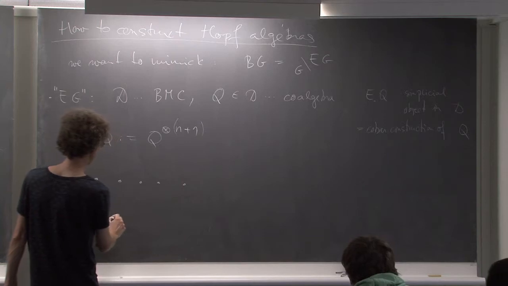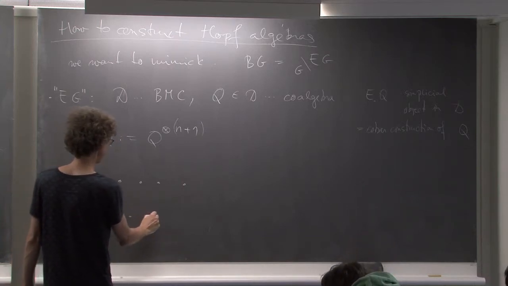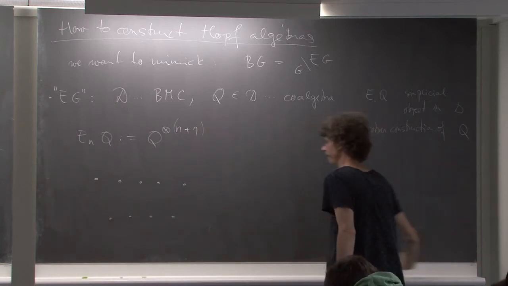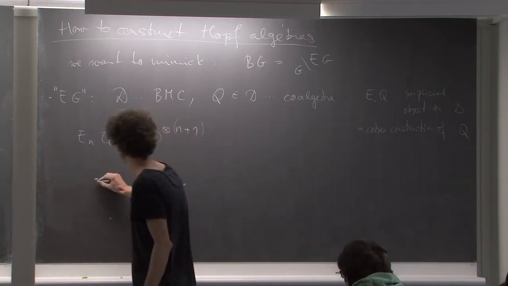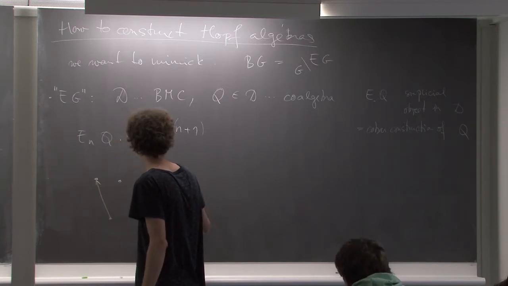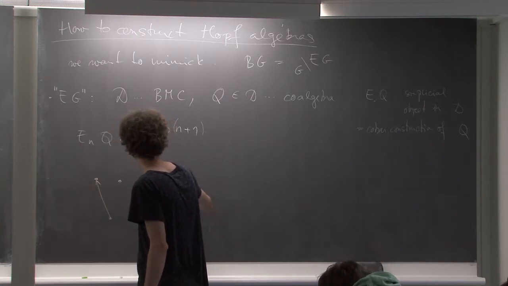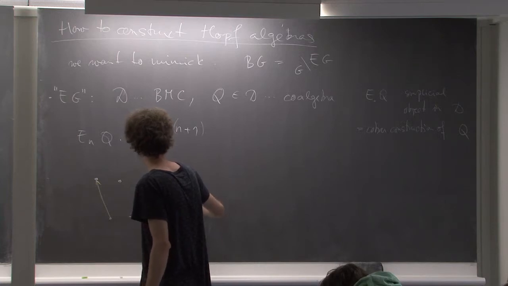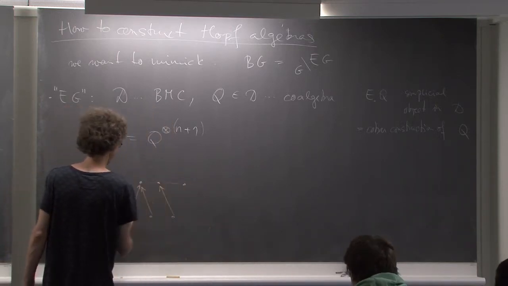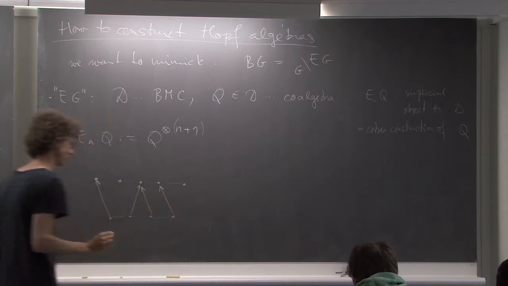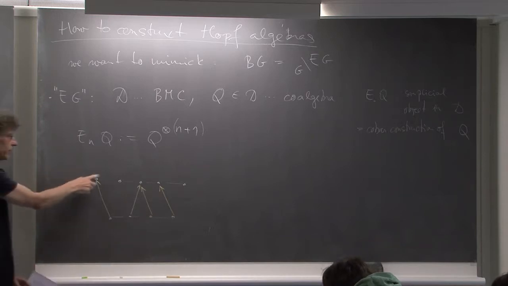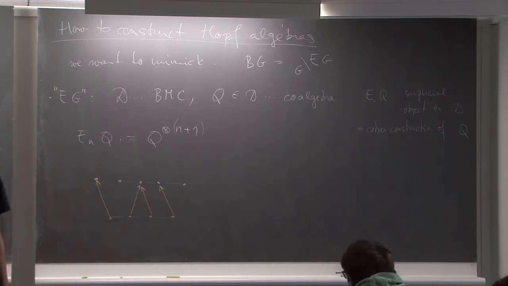Let's take the same one as always. So the difference now is I'm putting Qs on those vertices, not on those edges, but on vertices.